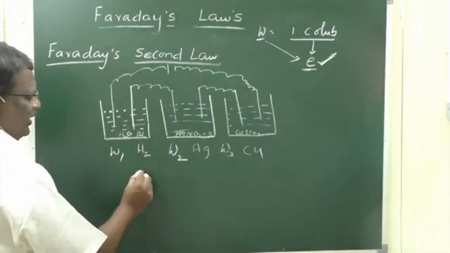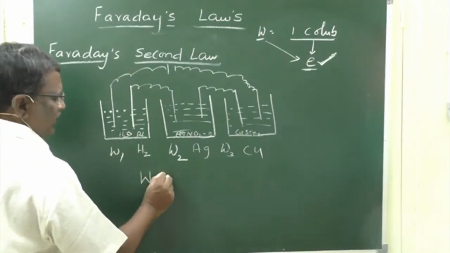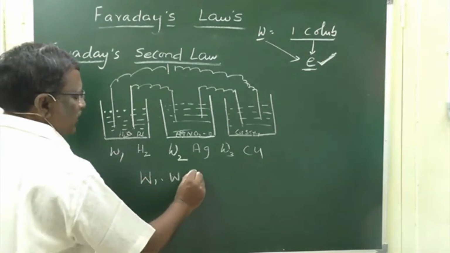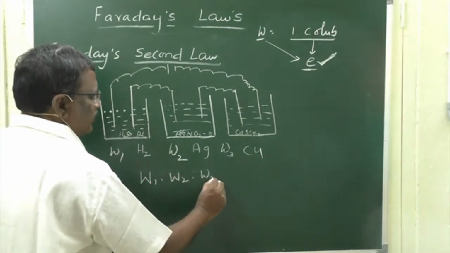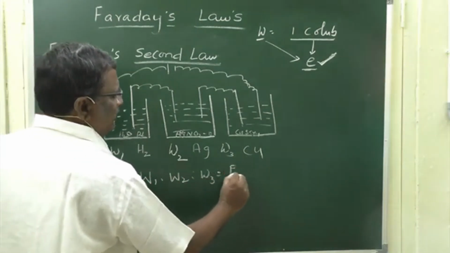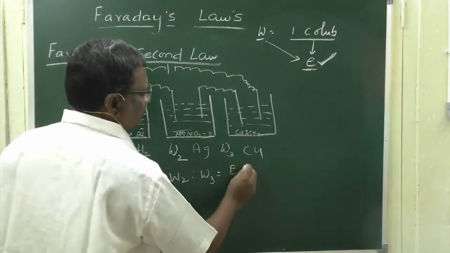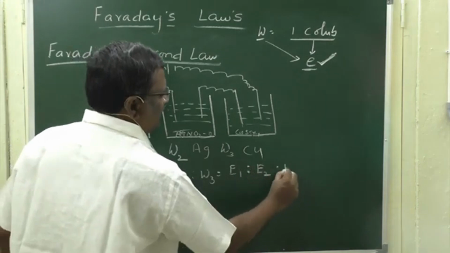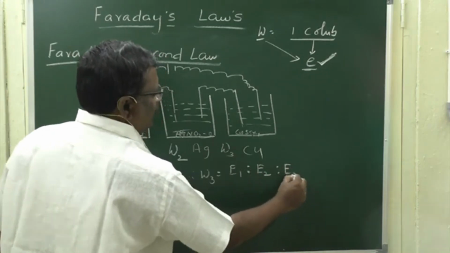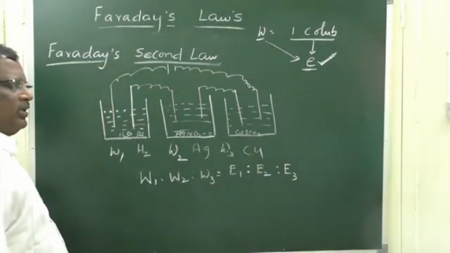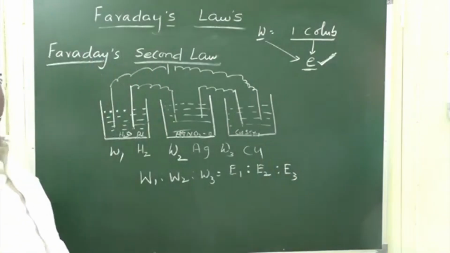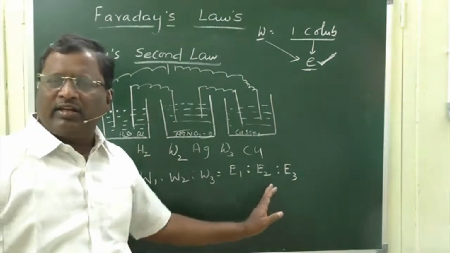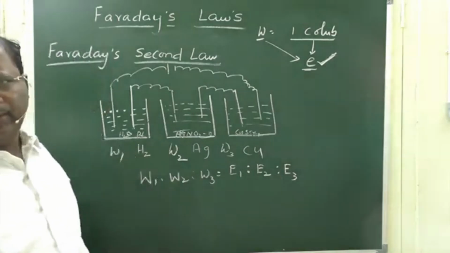Then according to Faraday's law, W1 : W2 : W3 = E1 : E2 : E3, where E1, E2, E3 are the equivalent weights of hydrogen, silver and copper respectively.